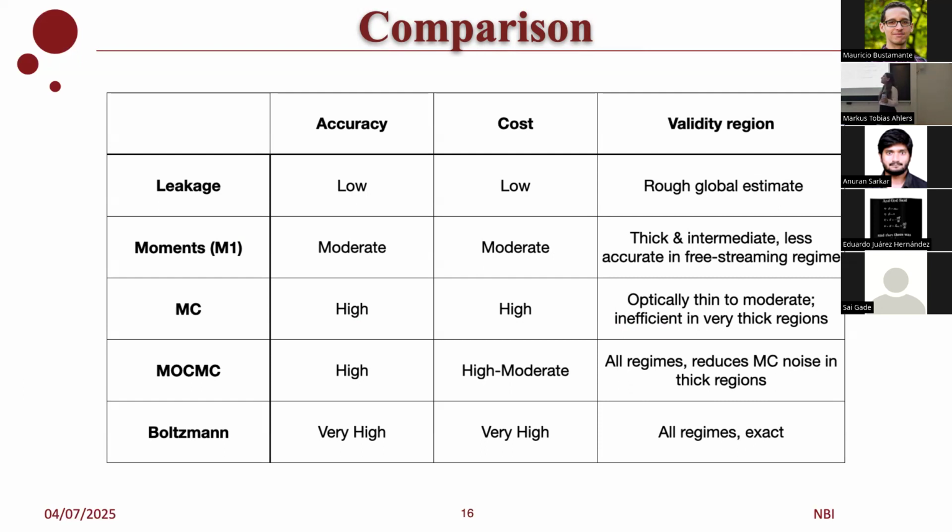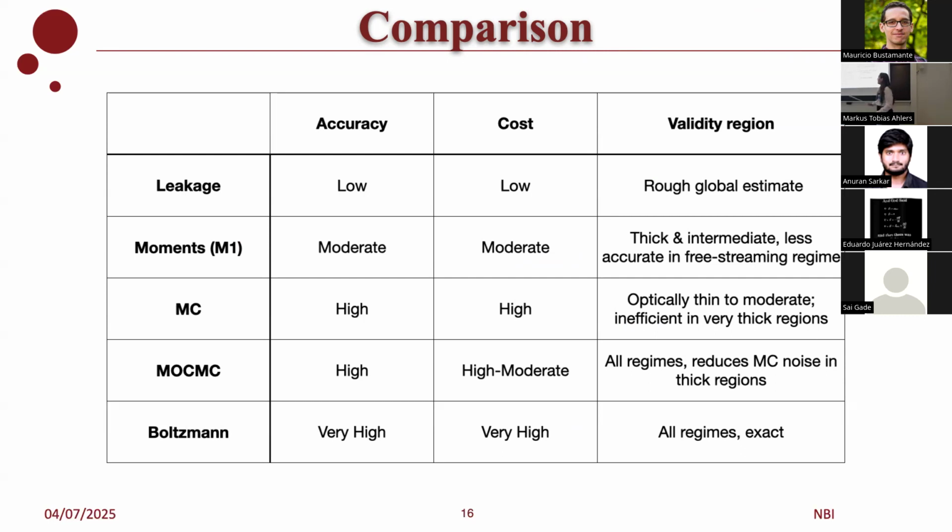Then that's some sort of advanced leakage scheme. Then for moments, you can imagine to not stop at the first 2 moments, but continue until, I don't know, 3, 4, 5. The higher you go, the more accurate your result will be, but then the more expensive your simulation is. Then for Monte Carlo, again, one needs to somehow take into account how to model the proto-neutron star in that sense.